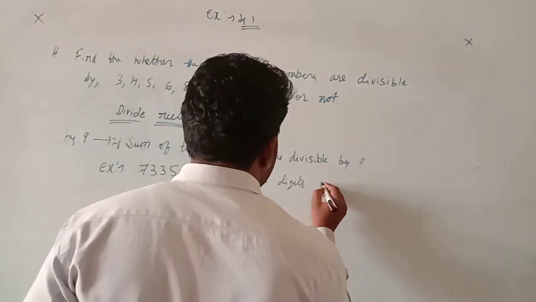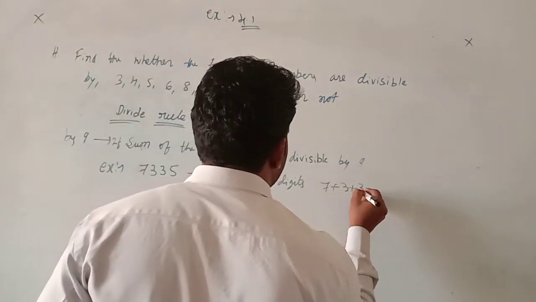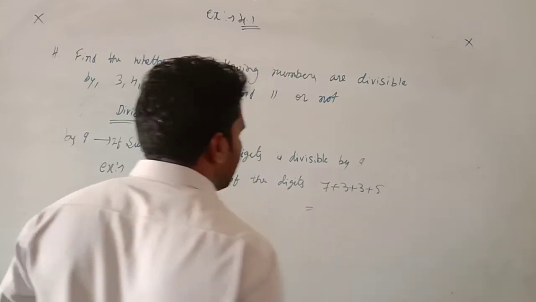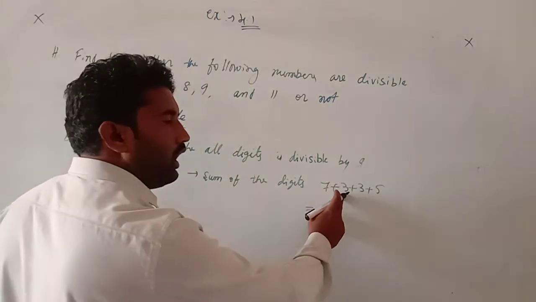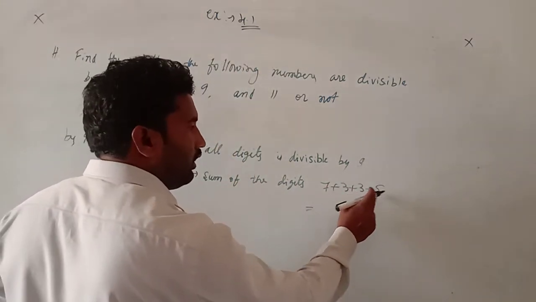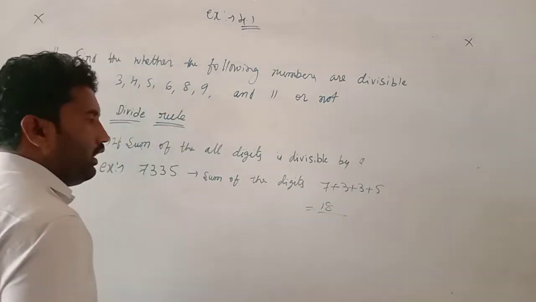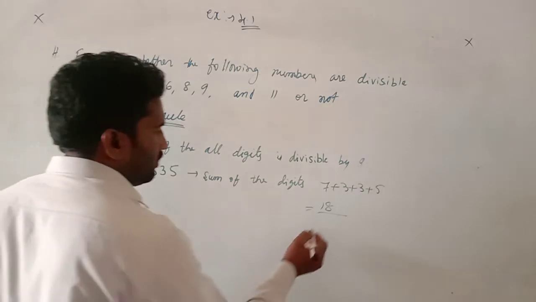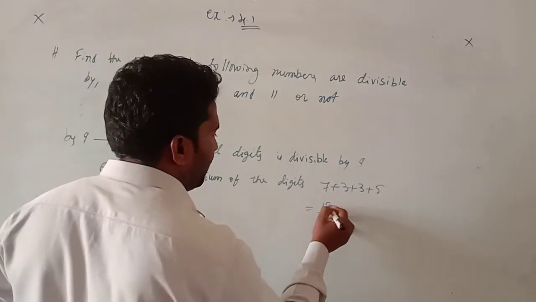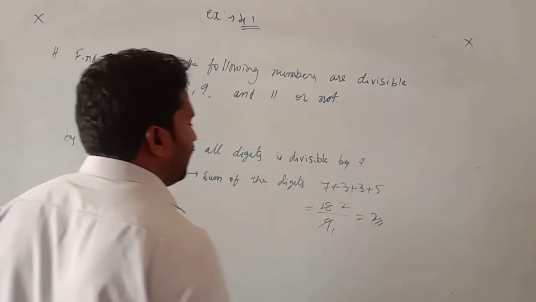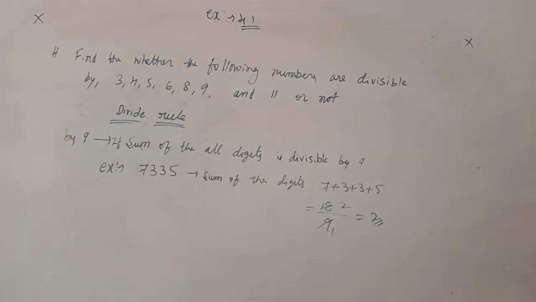So that is 7 plus 3 plus 3 plus 5. So how much will it get? 7 plus 3 is 10, 10 plus 3 is 13, 13 plus 5 is 18. So can 18 be divided by 9 or not? It is 9 twos are 18. It is divisible by 9. So it means the complete number is divisible by 9.